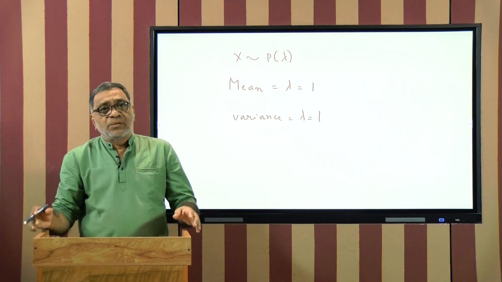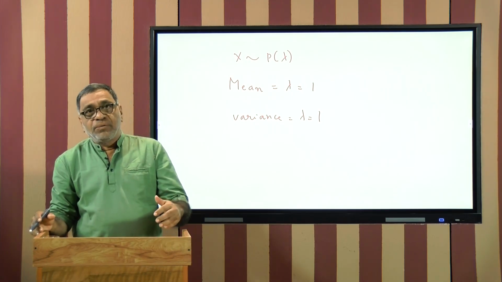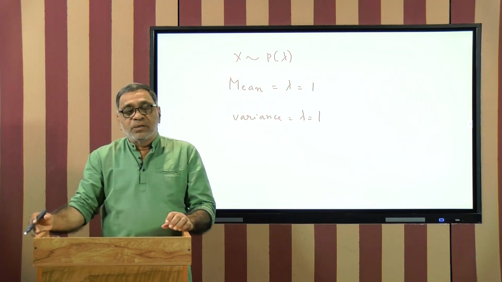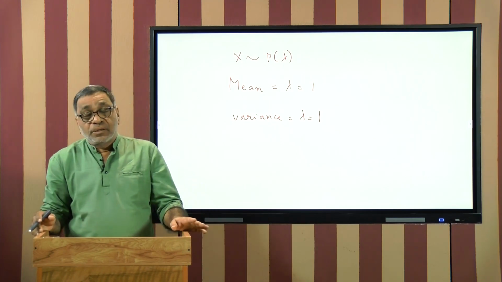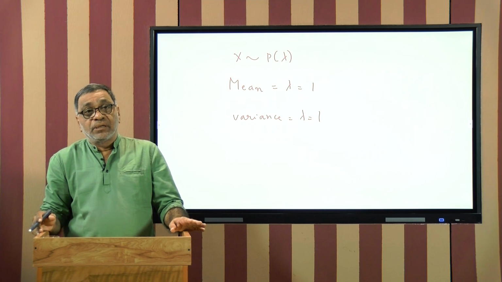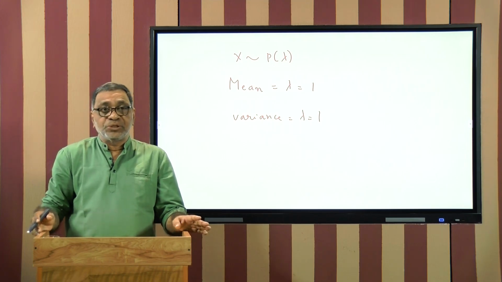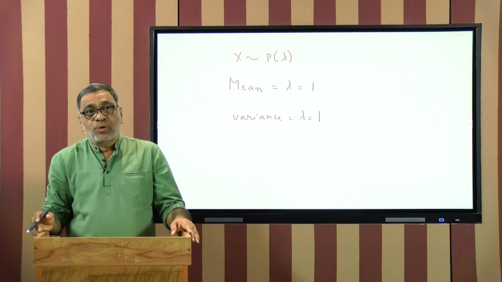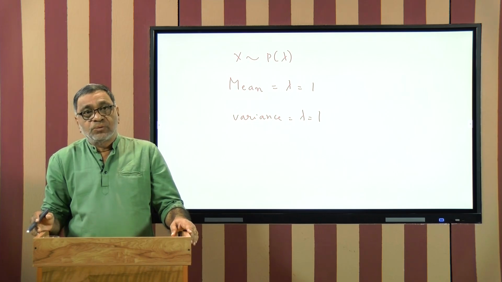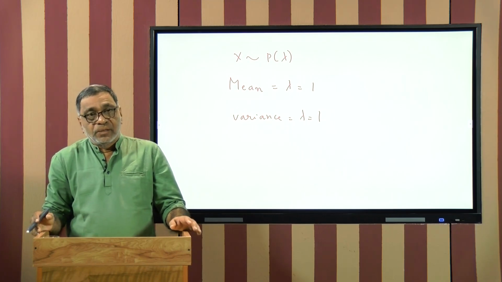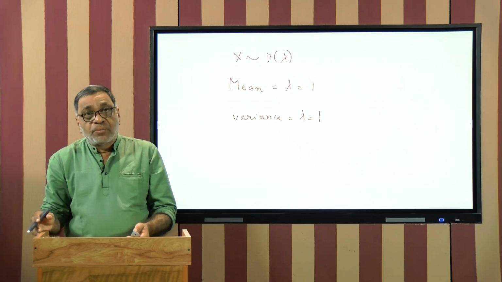So, if we have the value of the parameter, then we can calculate any quantity related with the distribution. The mean is equal to 1, the variance is equal to 1, etc. So, these are the problems related with the Poisson distribution.